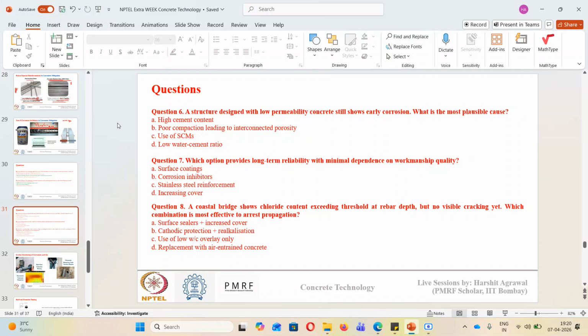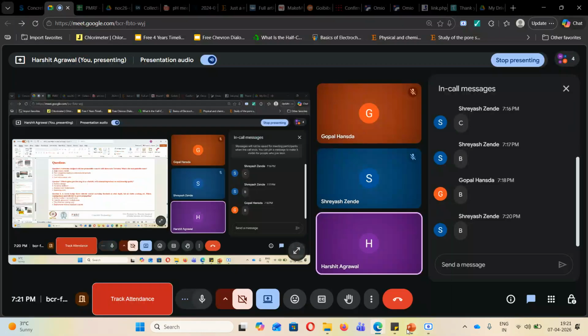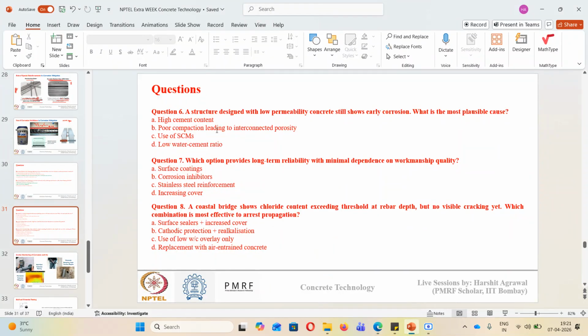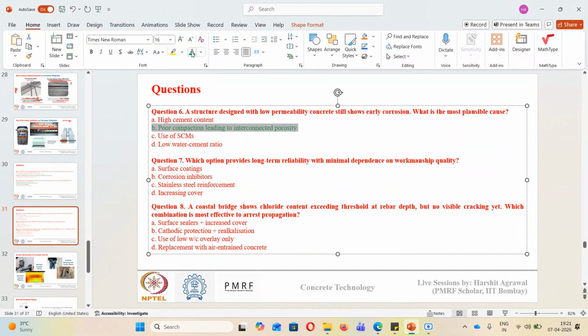What can be the reason? Yes, the correct answer is B. Poor compaction leading to interconnected pores.